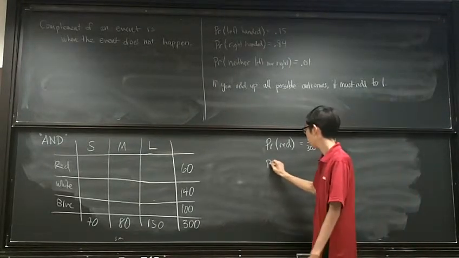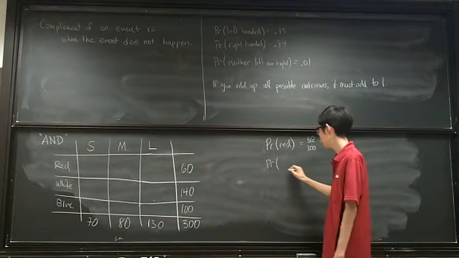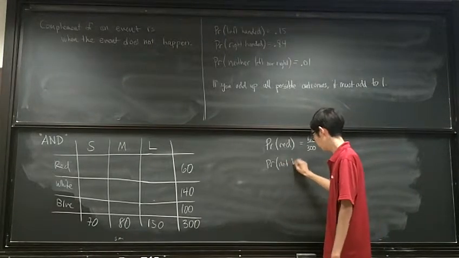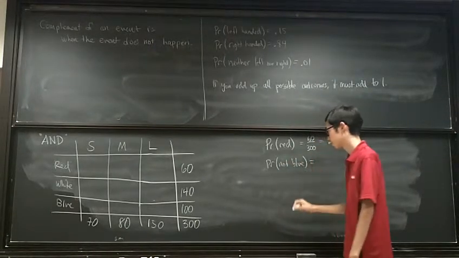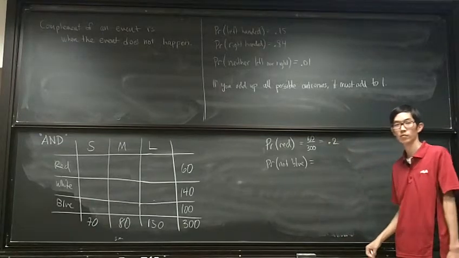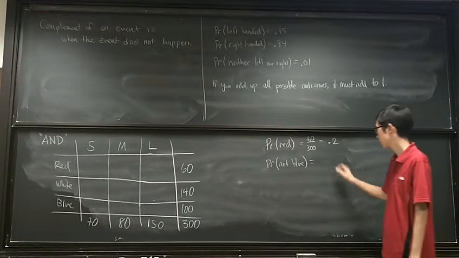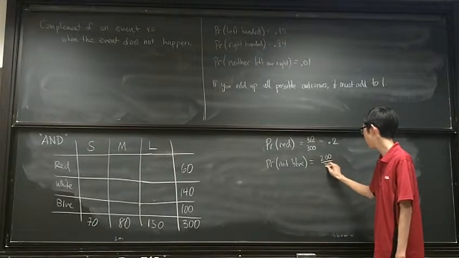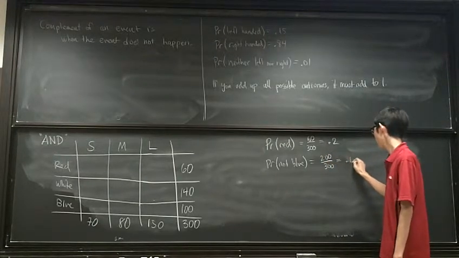Okay, what's the probability that it is not blue? Okay, 200 out of 300, 0.667.